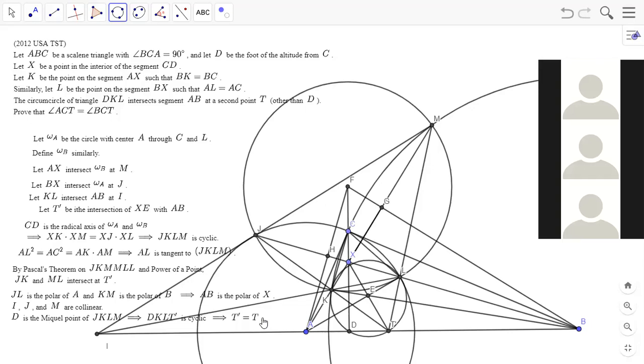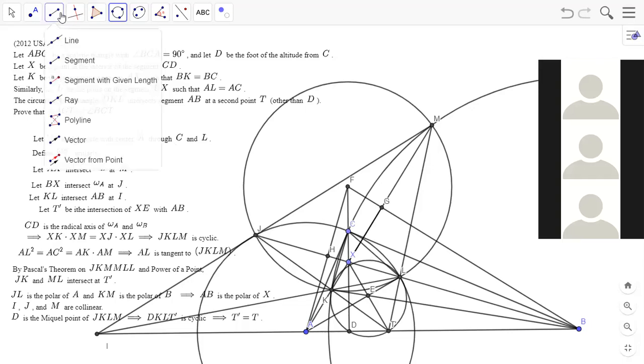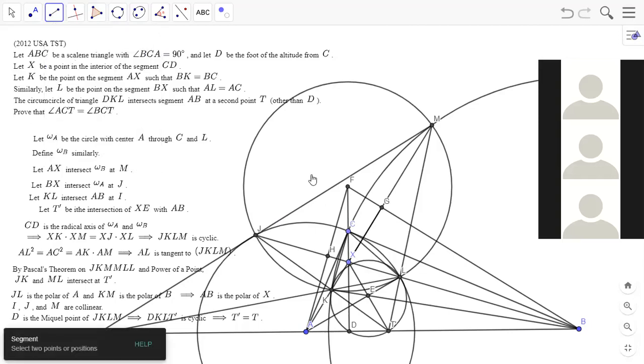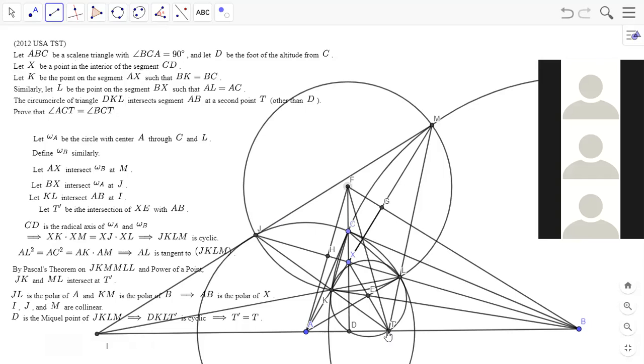Can you intersect IX with FT prime? Yes, TX with FI. IX with FT prime. Yeah.